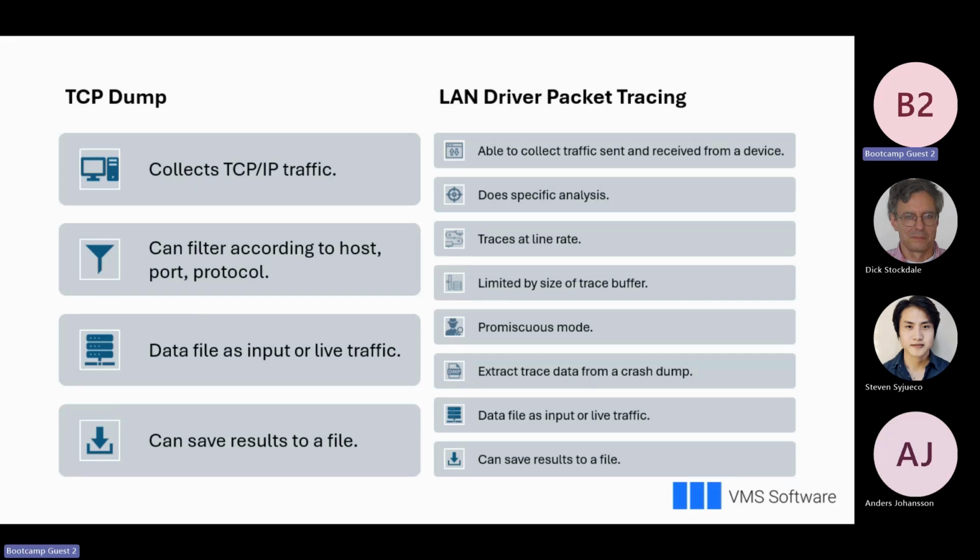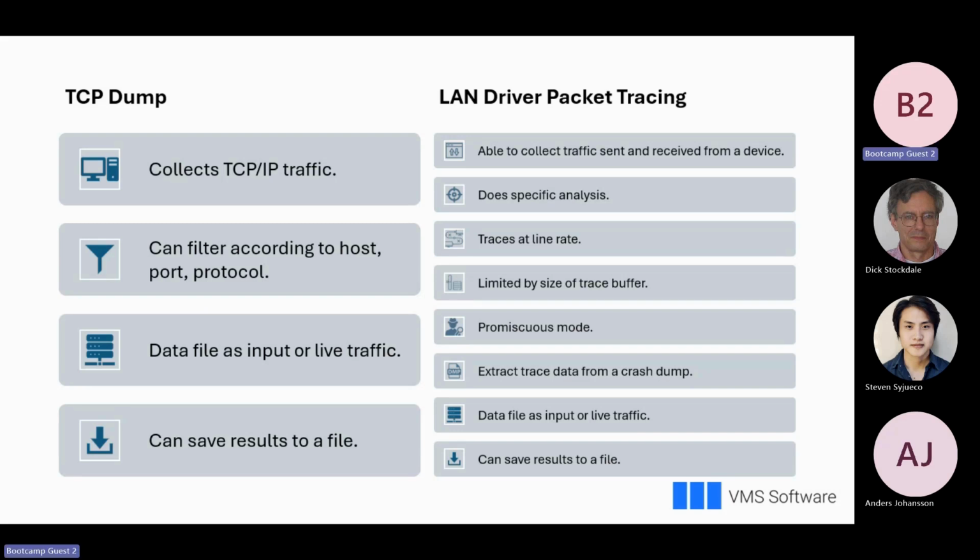The LAN driver packet tracing allows us to capture traffic sent and received from the device. It also does some specific analysis, and traces at line rate. You're also able to limit the size of the buffer, as I mentioned before, between 512 bytes and up to 1 million.